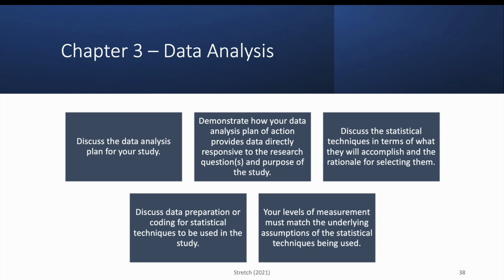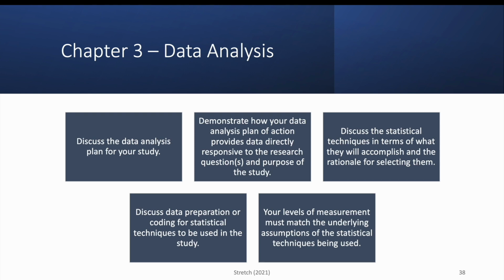And if you collected only continuous and you wanted to do ANOVA, how are you doing a nominal variable? Continuous is easier to go to nominal than nominal is to go to continuous, but you will have to think through those things and have an analysis plan for what you're going to do, how you're going to do it, and what tools you're going to use.